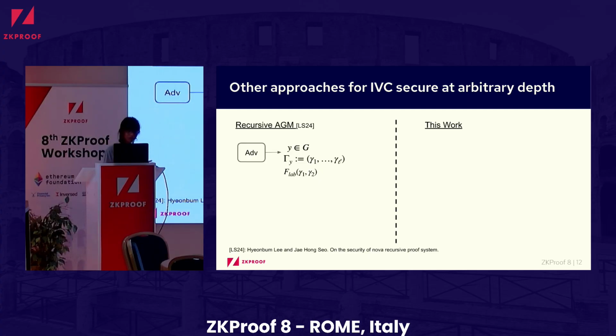So what this means is that if gamma 1 through gamma L can be interpreted as a group element, if it's possible to encode it as a group element, then the adversary should give me a representation for this too. And if there's something in this latest gamma that can be encoded as a group element, then you should give me a representation for that too. So it just keeps going all the way to the last level of the recursion.